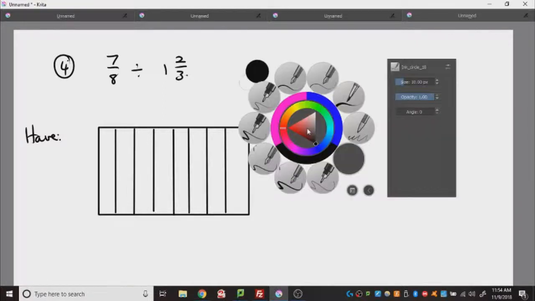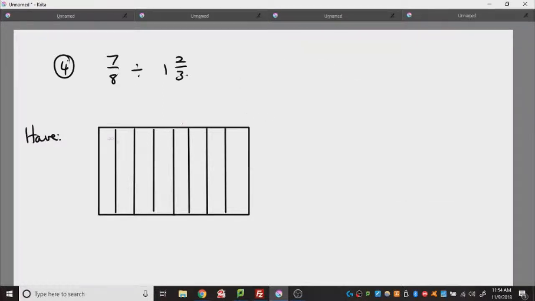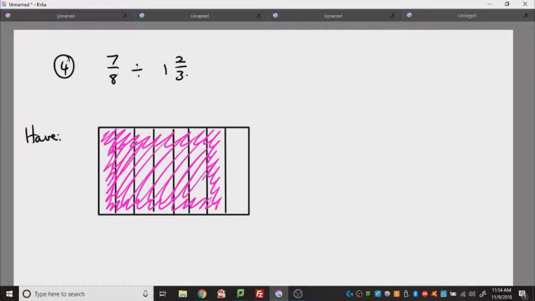Now let's indicate what I have. I have 7 of the 8 slices. Like so. And now I'm trying to fit in 1 2/3 of a loaf of bread.